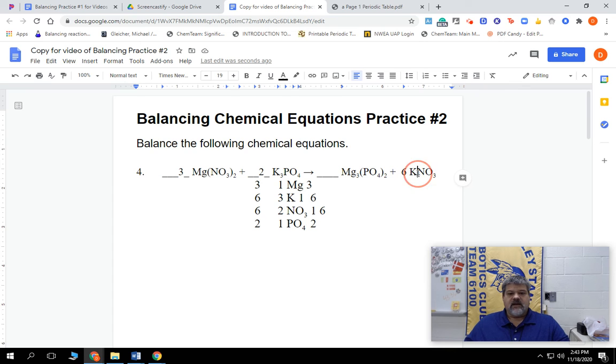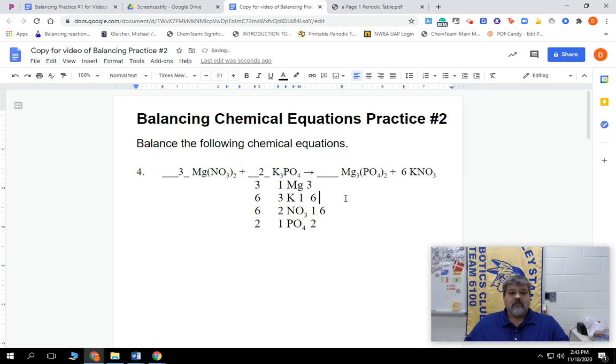Now it's not in parentheses, so there's only one of them. Then our phosphate: I have 1 phosphate here, times 2 for 2, and on this side I have a 2 over here. It's in parentheses, so I have 2 phosphates.